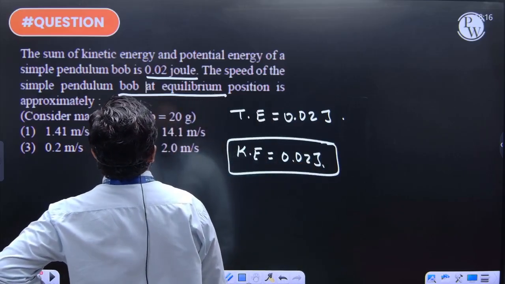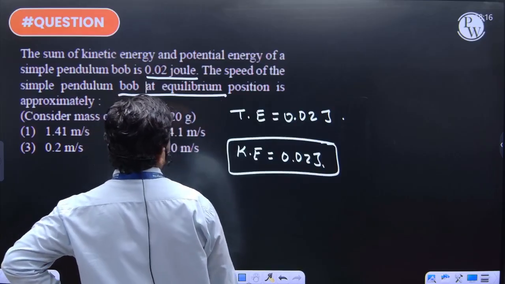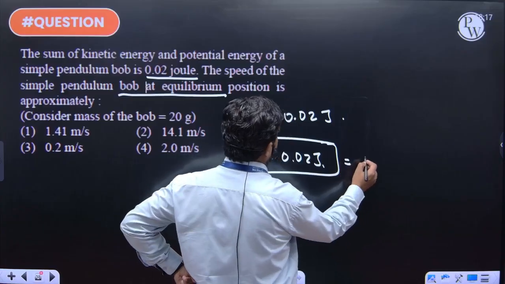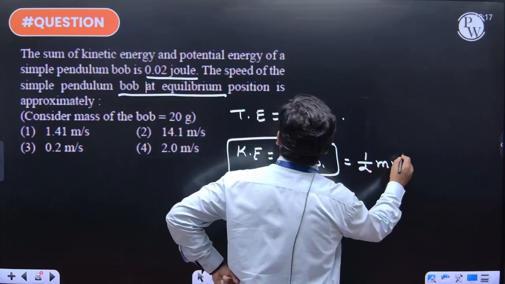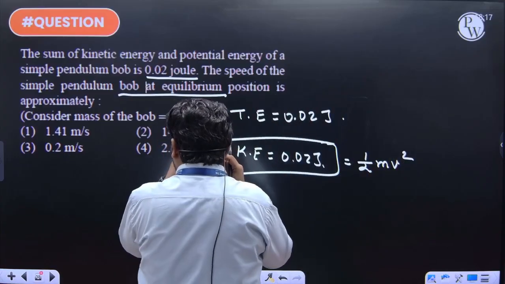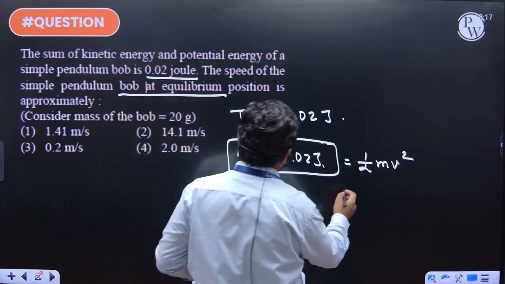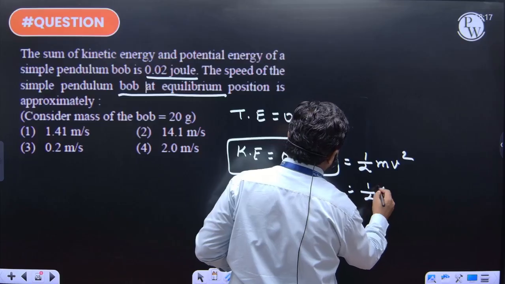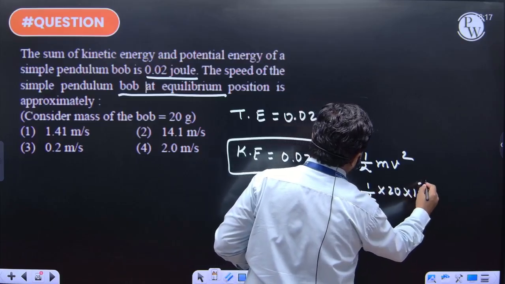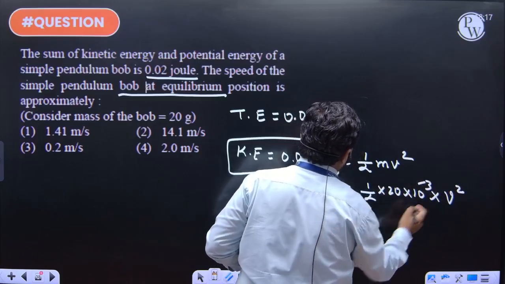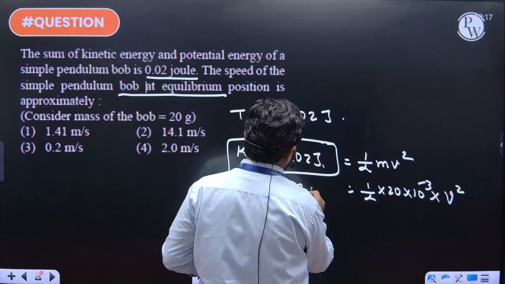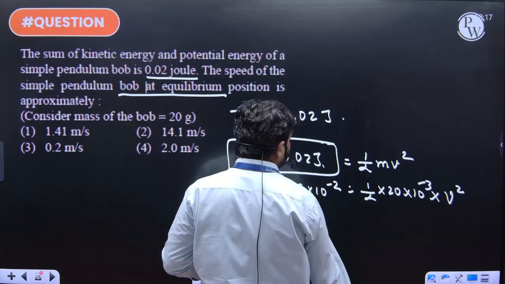Fine. So what we have to calculate is the speed. So 0.02 joule is equal to half mv square. The mass of the bob is 20 gram. Half into 20 into 10 power minus 3 into v square, and here it is 2 into 10 power minus 2. Correct?